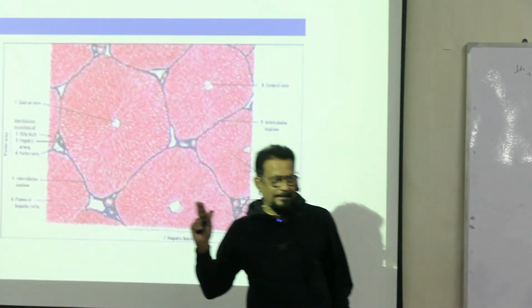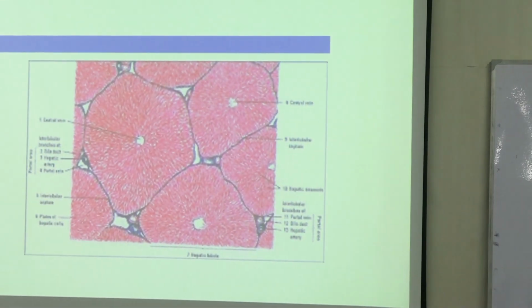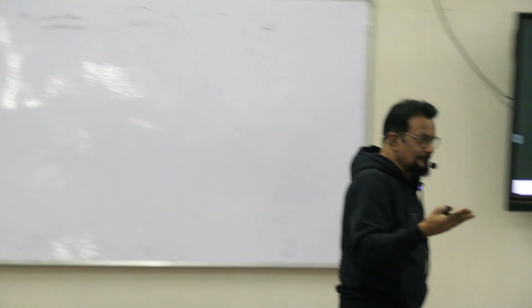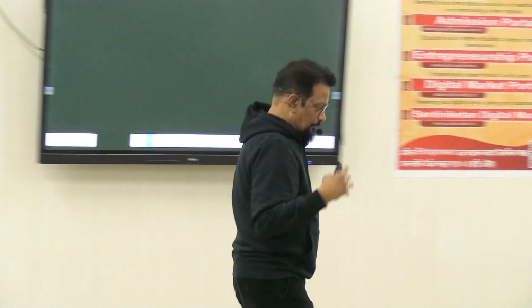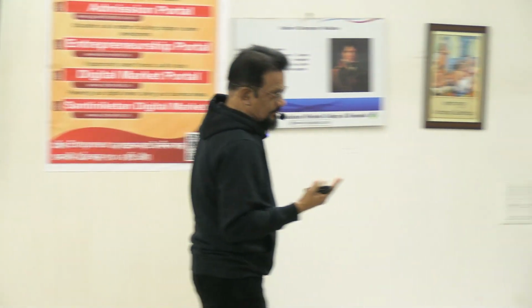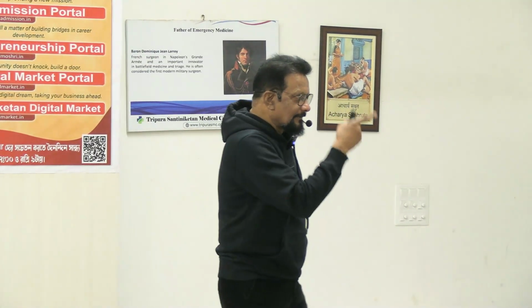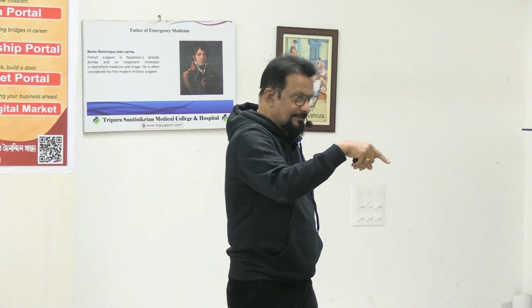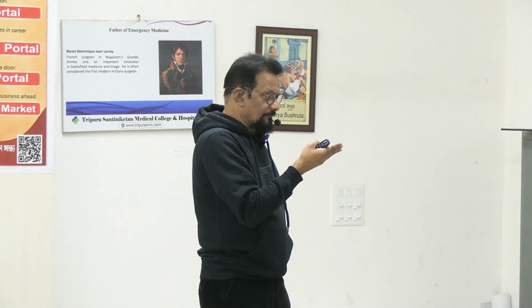How will you identify? Say you have spotting, no? So how will you identify this is a section of liver? You will get the lobules, you will get the central vein at the center, and radiating columns of hepatocytes, like the spokes of a bullock cart.